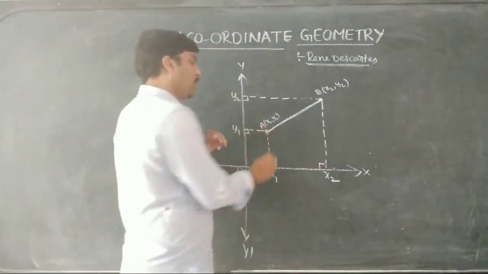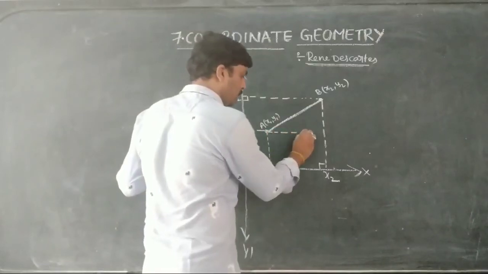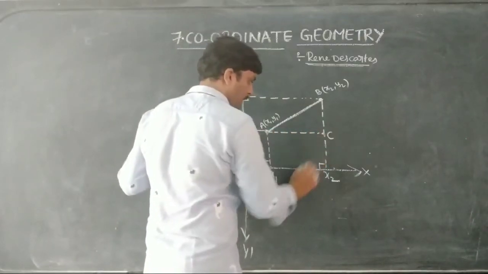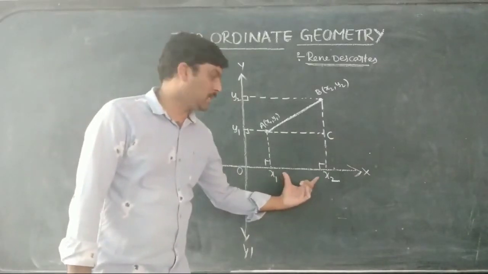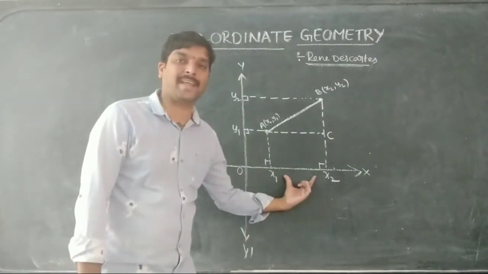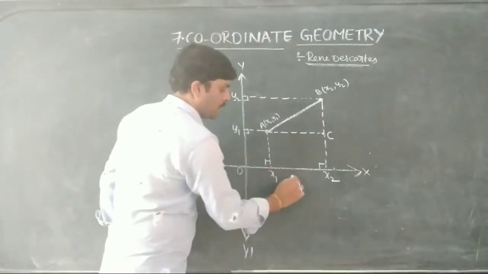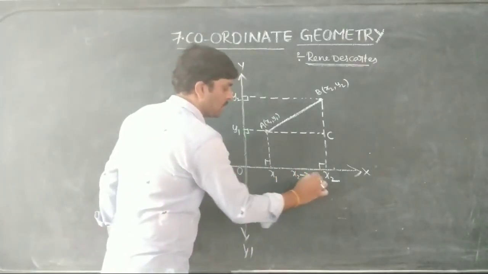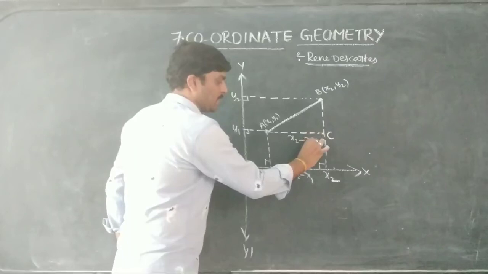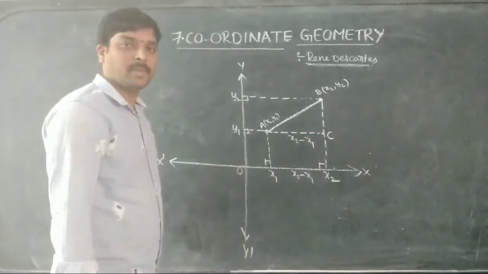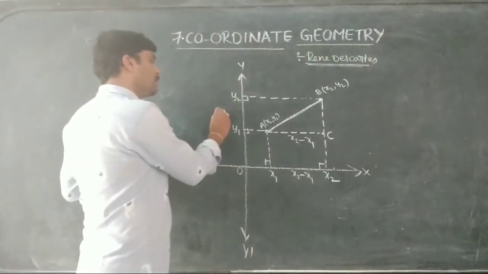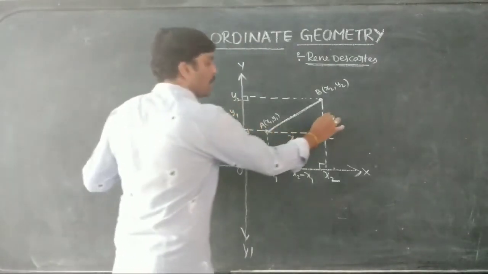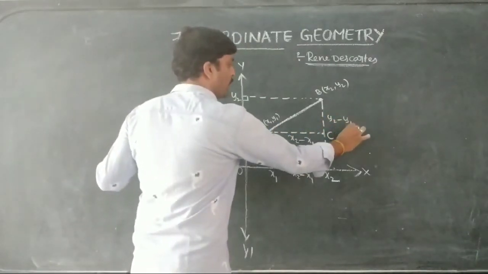This line till where it meets, mark that C. Already we discussed the distance between 2 points on the x-axis, x2 minus x1. So this is x2 minus x1, and here also x2 minus x1. The distance between 2 points on the y-axis is y2 minus y1. This is y2 minus y1, and here also y2 minus y1.